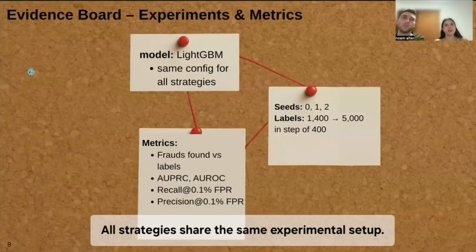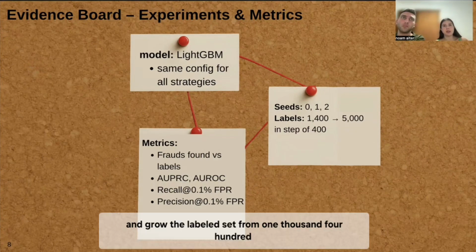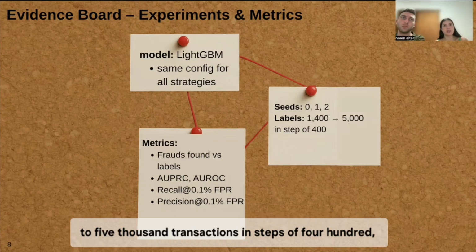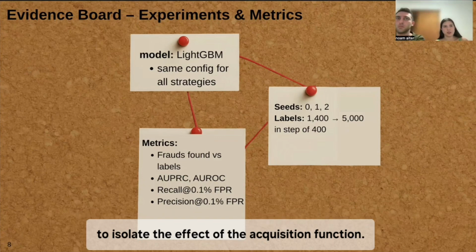All strategies share the same experimental setup. We run 3 random seeds and grow the labeled set from 1,400 to 5,000 transactions in steps of 400, keeping the LightGBM hyperparameters fixed across all strategies to isolate the effect of the acquisition function.